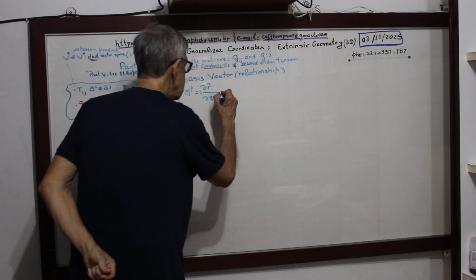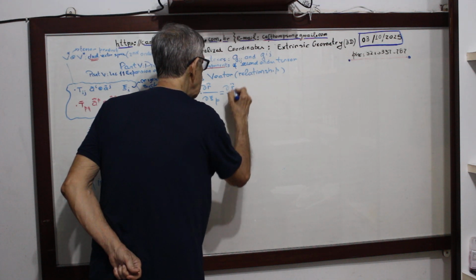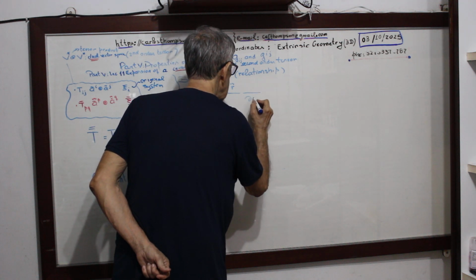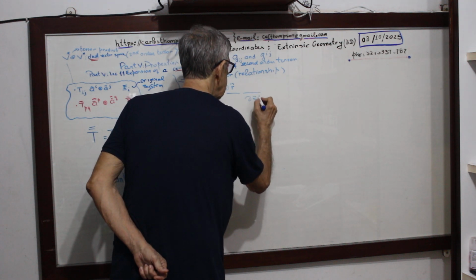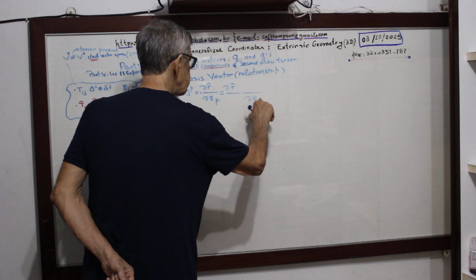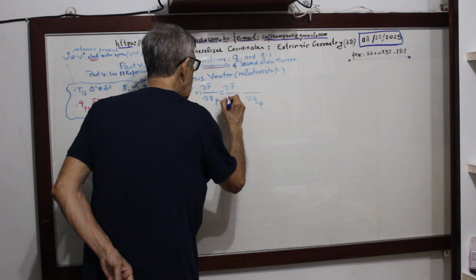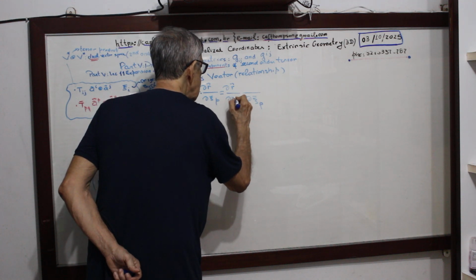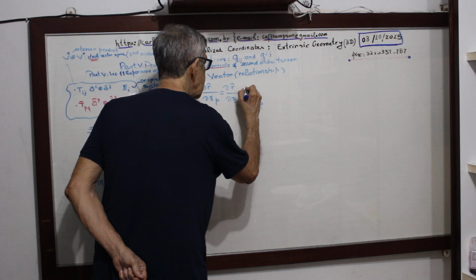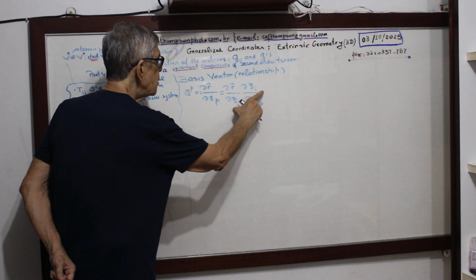Using the chain rule, this is equal to the partial of r with respect to c^i times the partial of c^i with respect to c bar^p. You see, i is dummy.